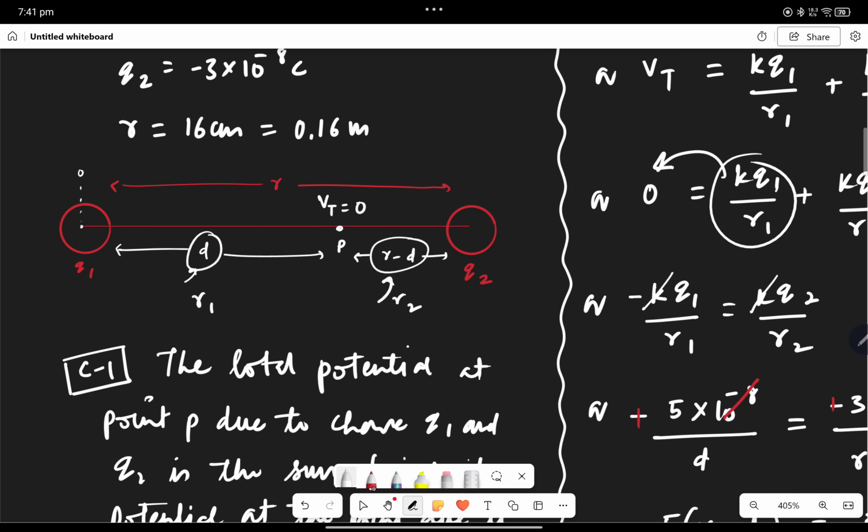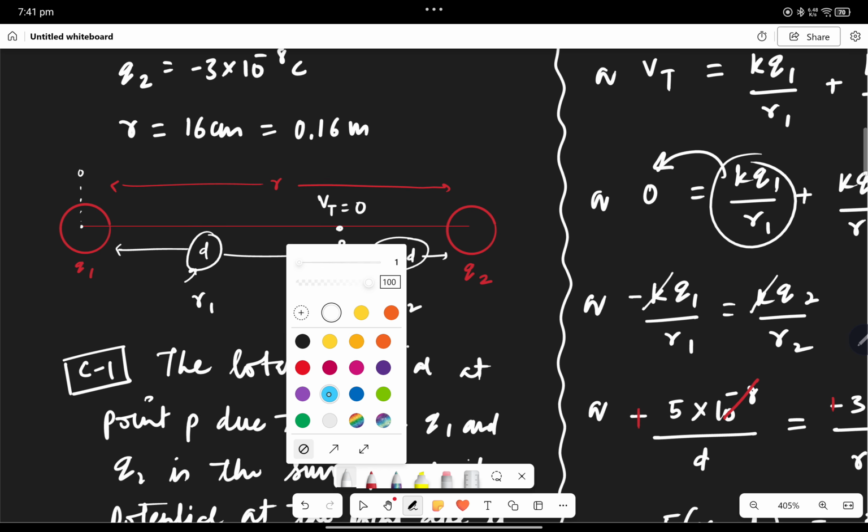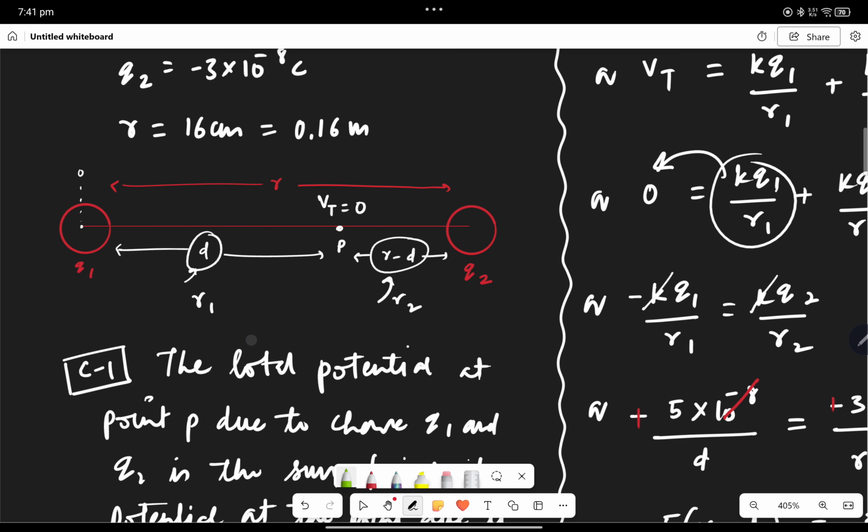And let's see this in the particular diagram. So I am taking a different color. This is the value here, from here to here, that particular D you are going to get: 10 centimeter.